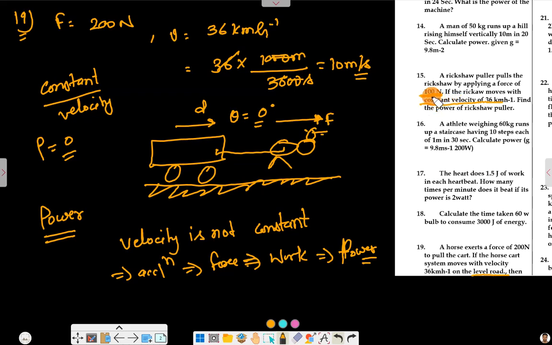So this is like that. Suppose this is the same case. The person is pulling the rickshaw. So to start the motion, you have to apply some force. It is that force. After the object has started moving with constant velocity, you are not applying any force.